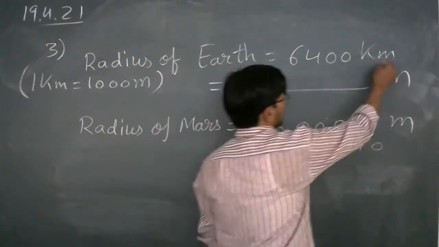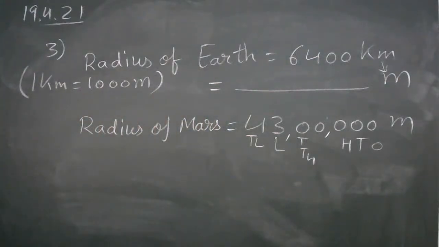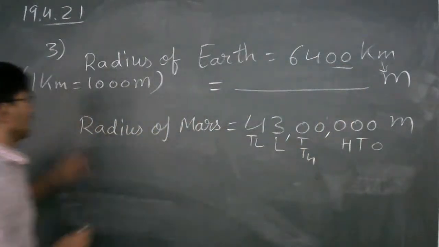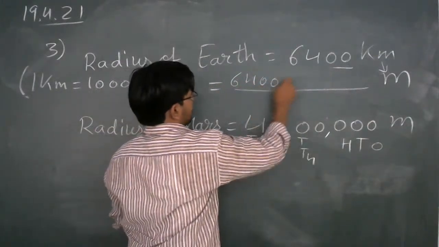If you want to convert kilometer into meter, 1 is equal to 1000. 6400 will be equal to, yes, 2 zeros are here and we are going to multiply it by 1000.